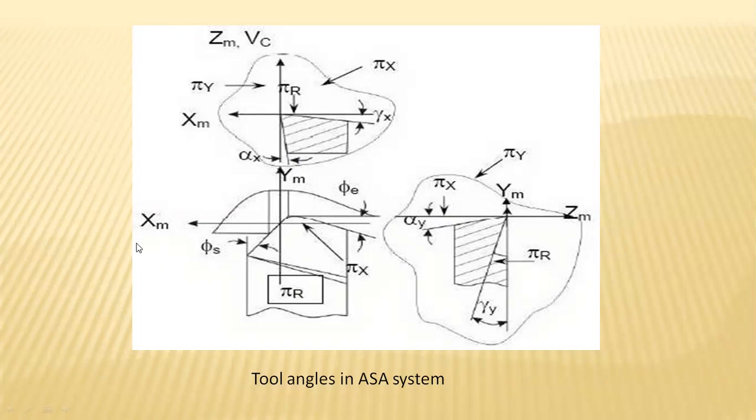Towards the X frame, this is the representation. The work progress is done with the help of the tool here. And towards the Y frame. So these are the three different dimensions as compared with the American standards.